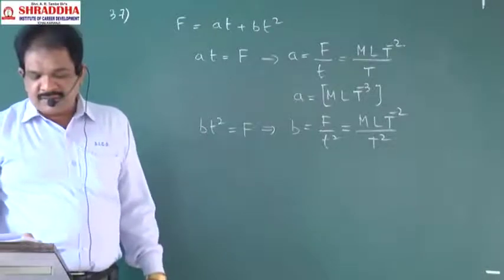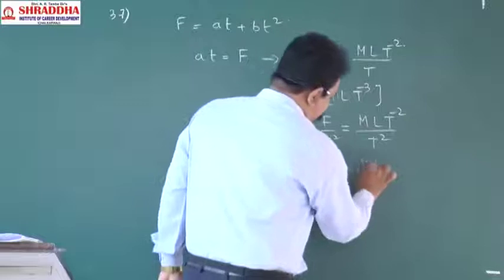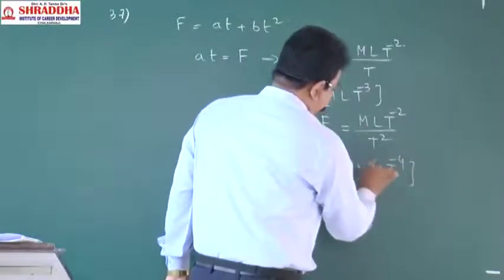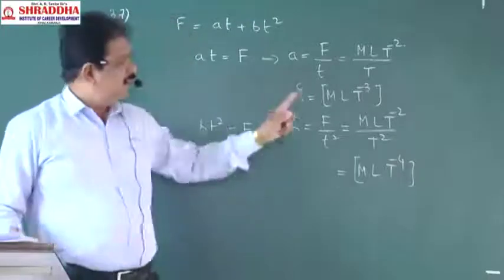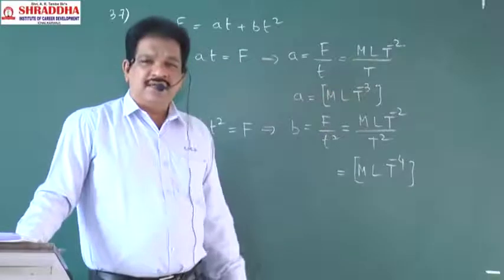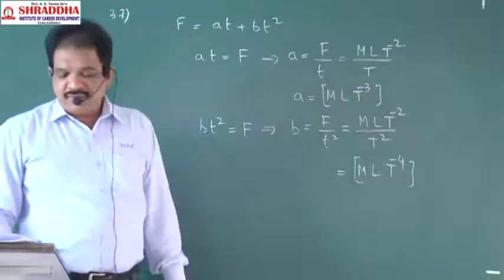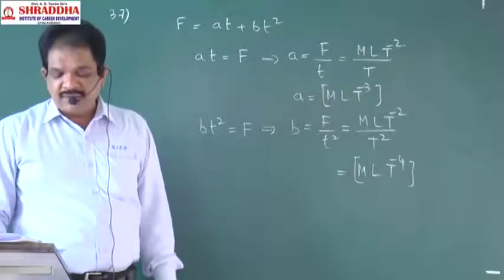So we will get this value as M L T power minus 4. Power 1 is there, no need to write. If you write also, nothing wrong in that.